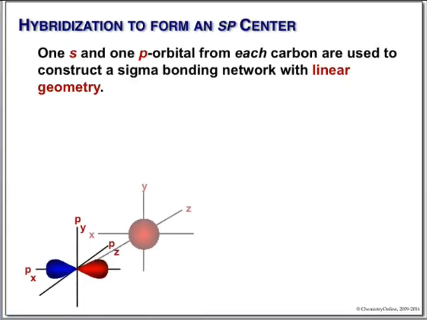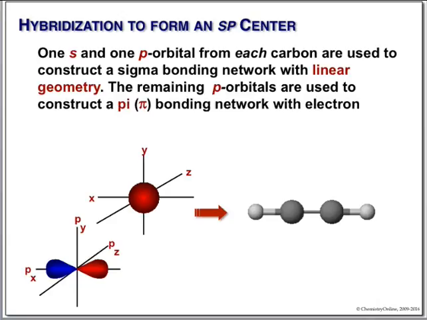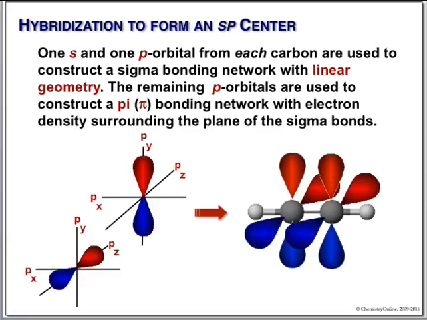Let's look at our sp center real quickly. Here we're going to take two orbitals. We're going to combine these. We make a linear structure. Now, just like before, we had p orbitals left over. P orbitals, one's up, one's sideways. They do like that.